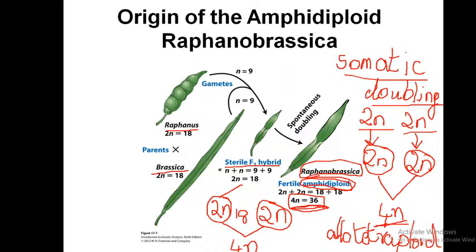I've said how the doubling of chromosome takes place. Then the cytological behavior of chromosomes derived from two different parental genomes, in this example Raphanus and brassica, at meiosis appears to be quite normal as in a normal diploid organism. Normal ഒരു diploid organismത്തിനെ പോലെ തന്നെ അത് ആക്ട് ചെയ്യും.